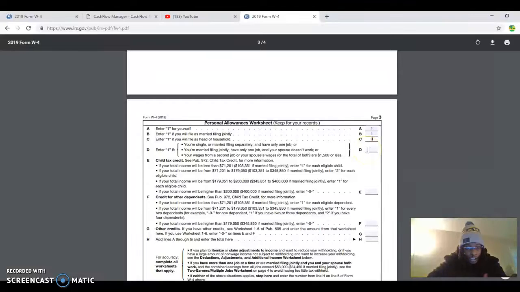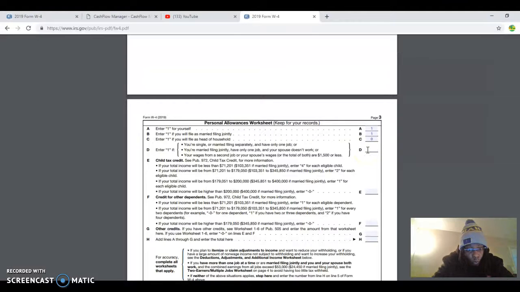Okay. D. Enter 1 if you're single or married, filing separately and have only one job. So if you're the only one working and you're single or filing married and separate, enter 1. Enter 1 if you're married, filing jointly and have only one job and your spouse doesn't work. So if you just work, your spouse doesn't work, enter a 1.